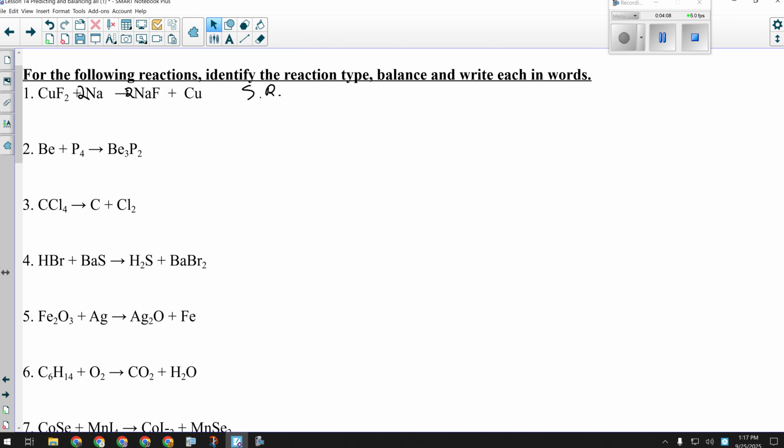If I'm writing this out in words, what do I have to remember about copper? It needs a Roman numeral because it can be a 1 or a 2. Since fluorine is always -1 and there are 2 fluorines, this must be the copper with the 2+ charge. So this is copper 2 fluoride, and it's reacting with sodium, and that is going to produce sodium fluoride and copper.